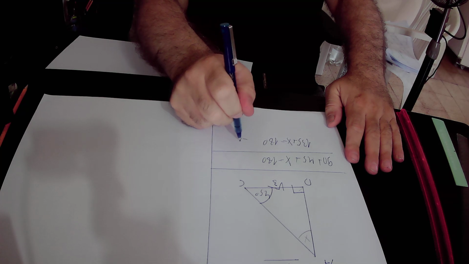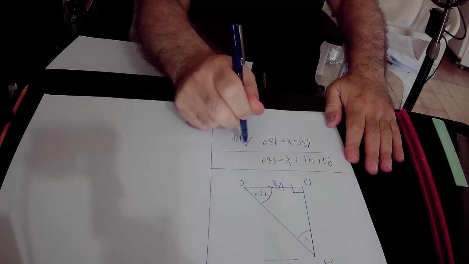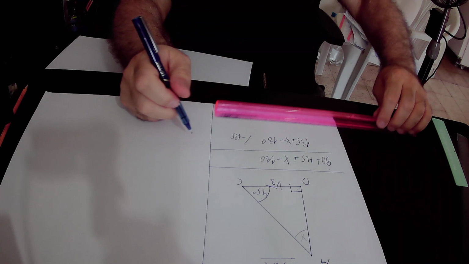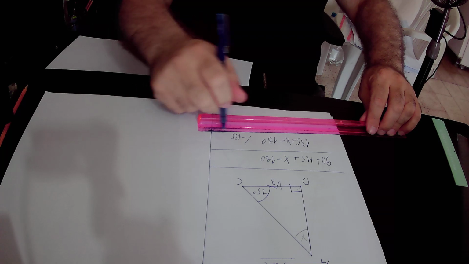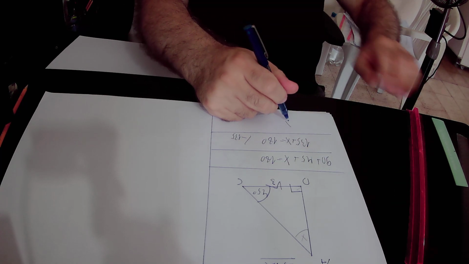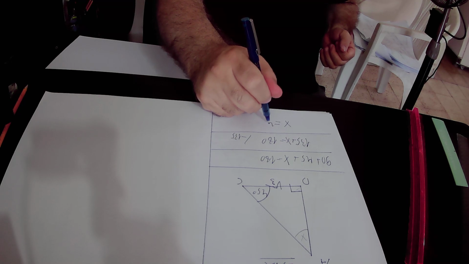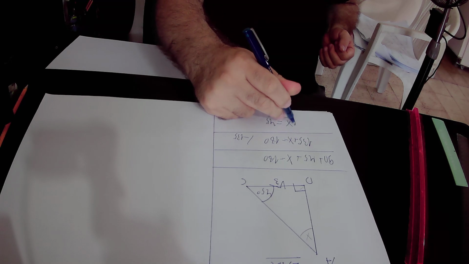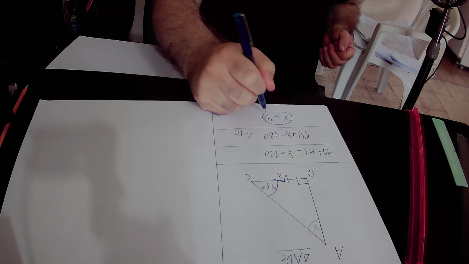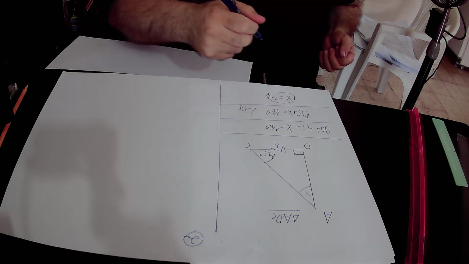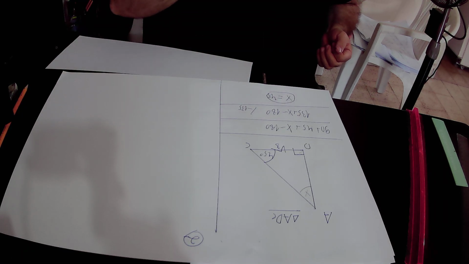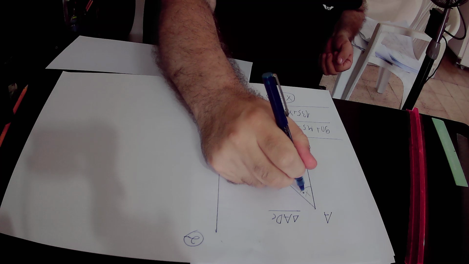Here we subtract 135 degrees from this equation, and we get that the missing angle X equals 180 degrees minus 135 degrees, which is equal to 45 degrees. So angle X equals 45 degrees.